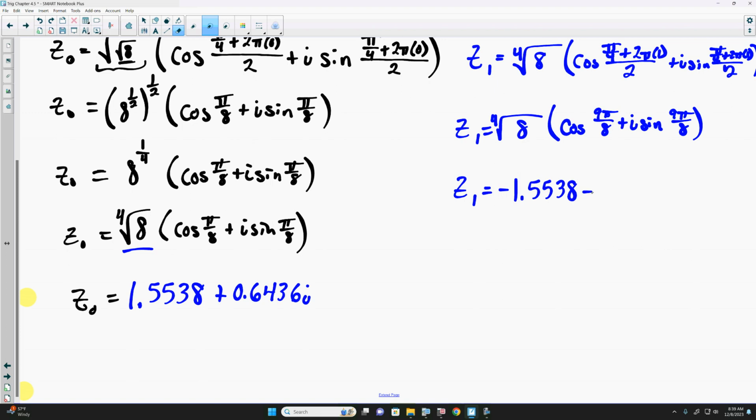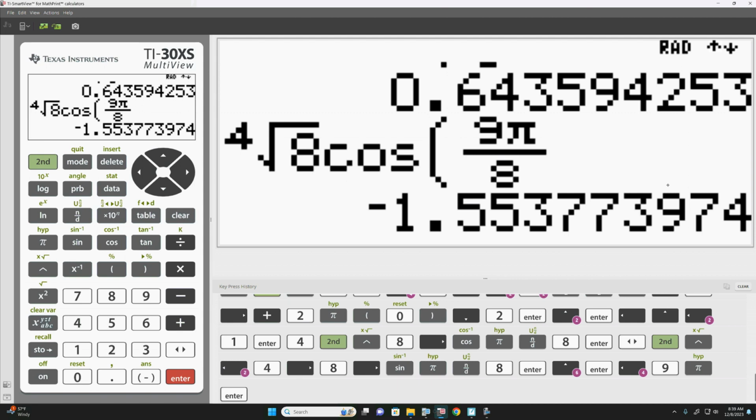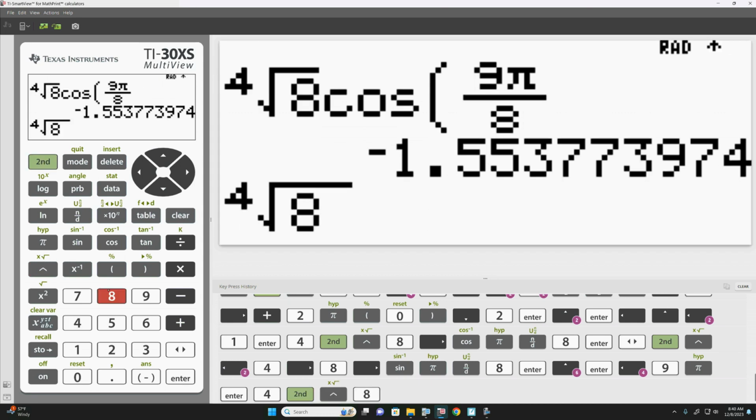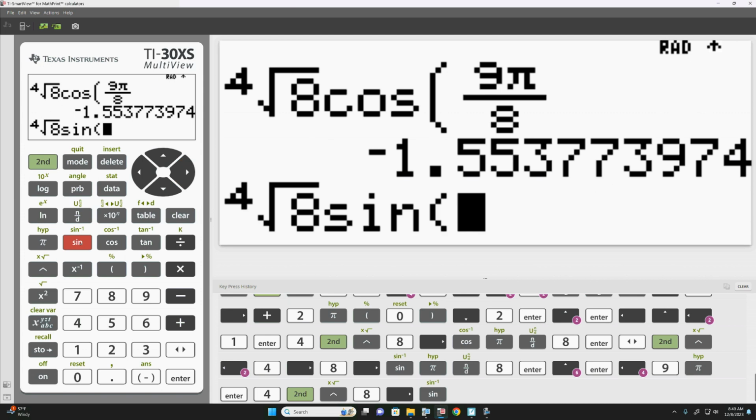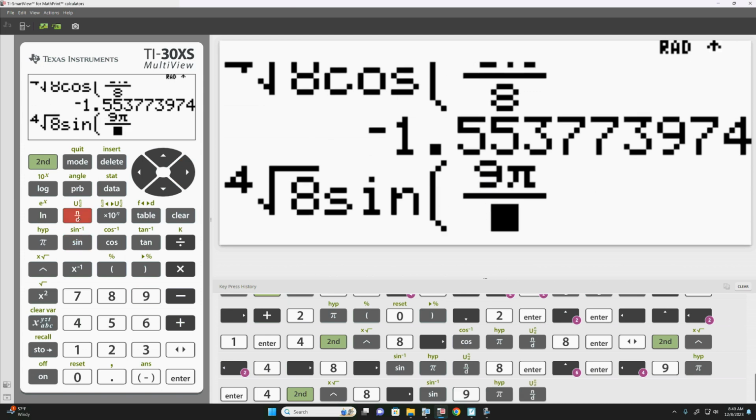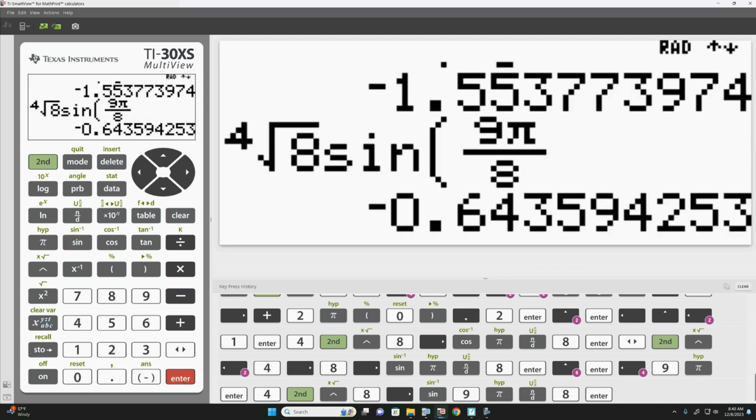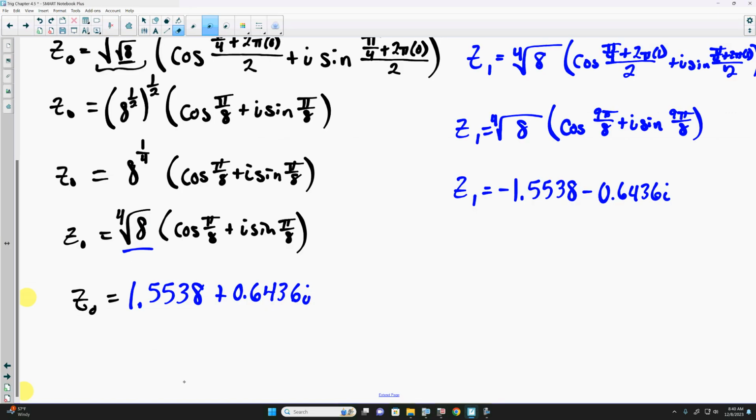And if I were to guess, I'd say negative 0.6436. But let's see. Yep. Thus, these are our two answers. And we'll stop there for today.